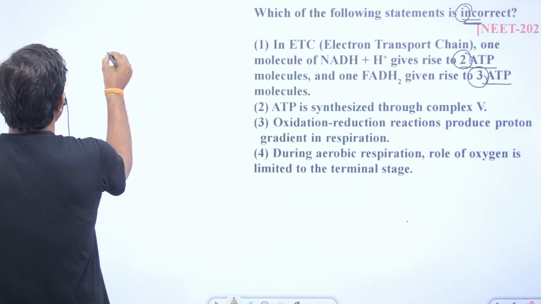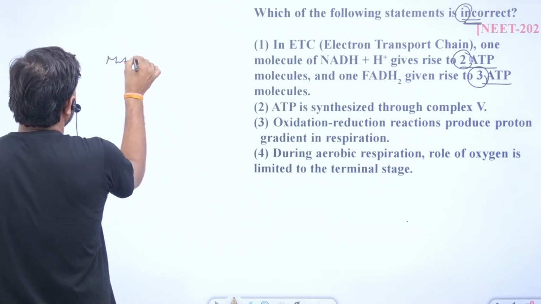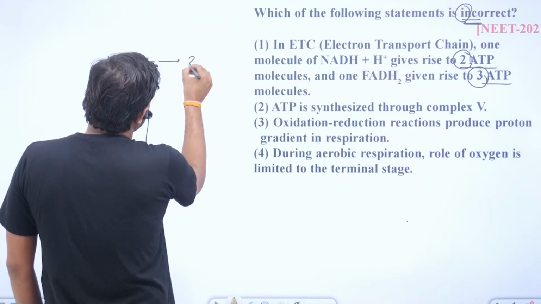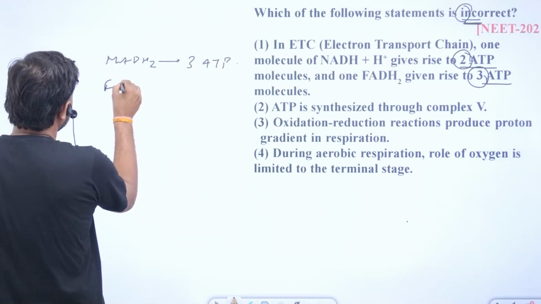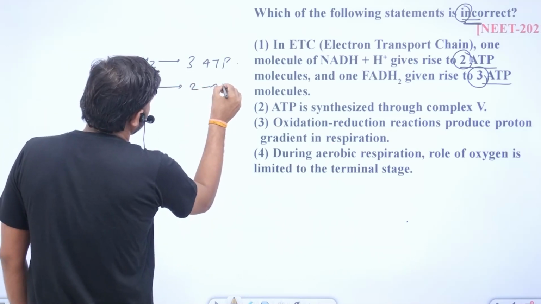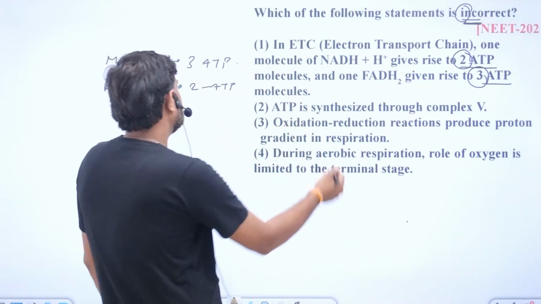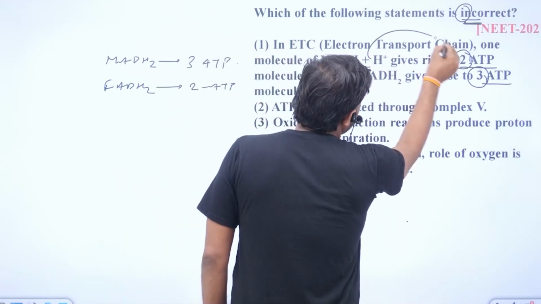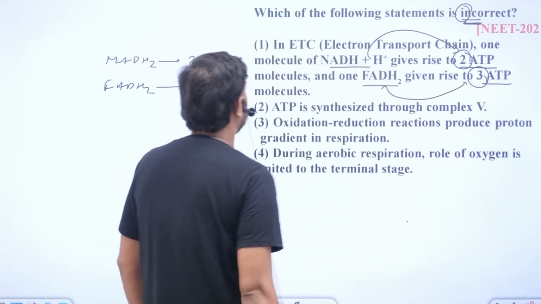Basically, a single NADH2 produces 3 ATP molecules and FADH2 2 ATP molecules. This statement is in reverse: NADH2 gives rise to 2 ATP molecules and FADH2 gives rise to 3 molecules.